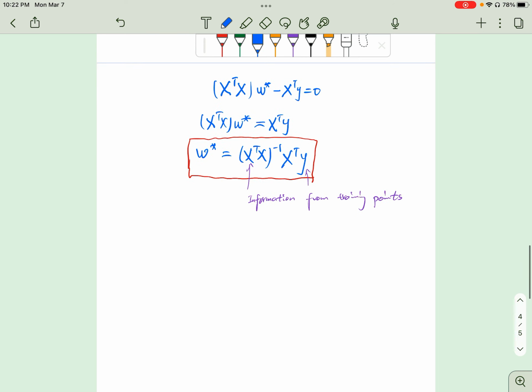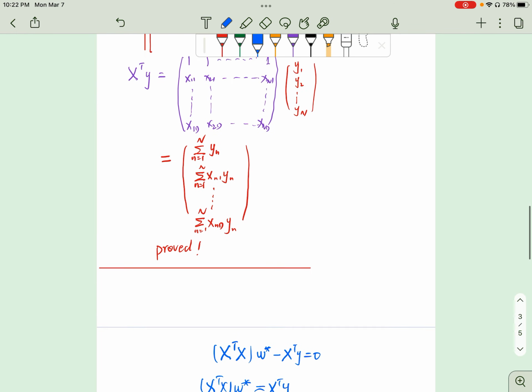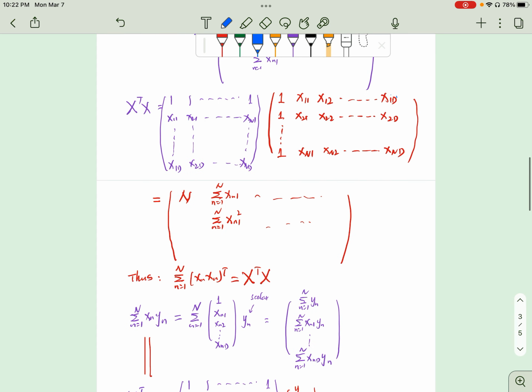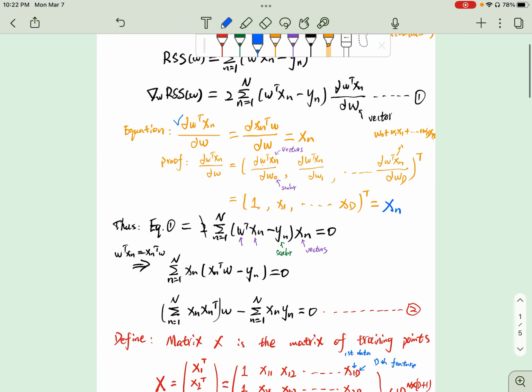And we have another method here. Okay, and we have another method also to calculate this omega star. And maybe this method is easier.